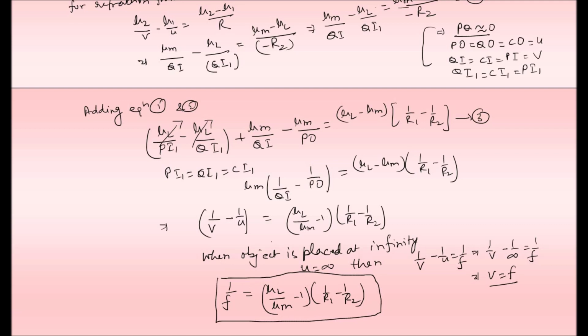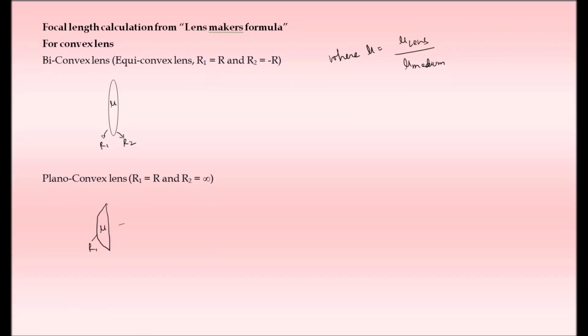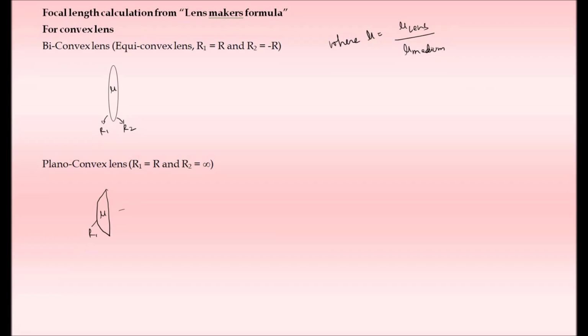This is one of the important formulas from the examination viewpoint, whether it's JEE Mains or class 12 or NEET, AIIMS or AIEEE, and you have to understand this formula and its application. Now we see the applications of the lens maker's formula, and here mu is the relative refractive index of the lens, that is mu lens with respect to mu medium.